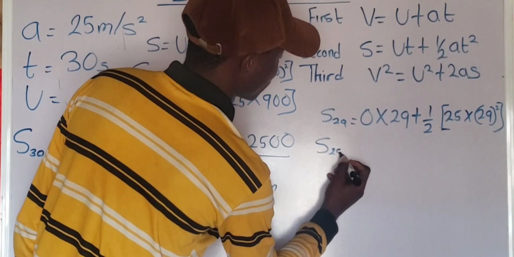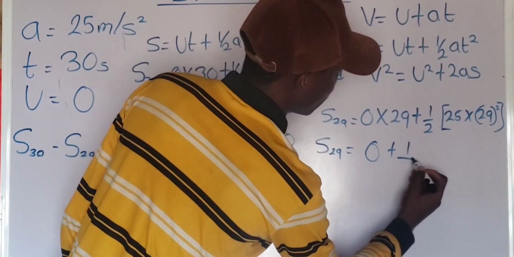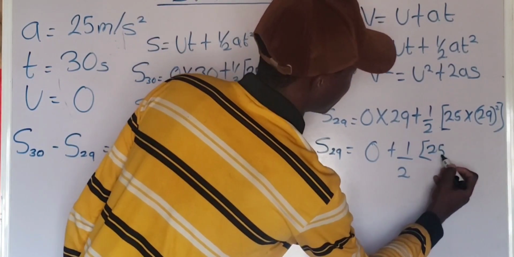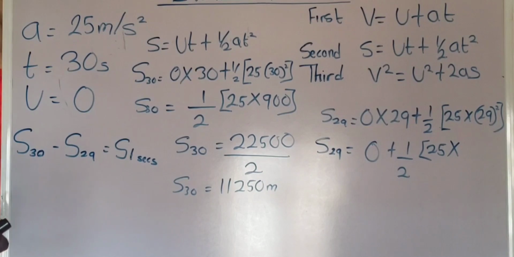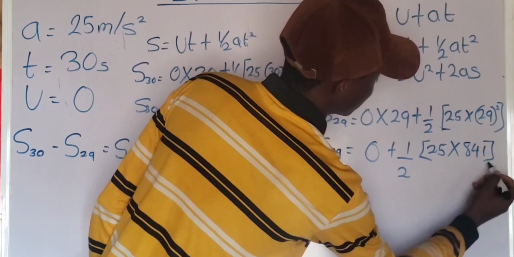The distance that it covers in 29 seconds is equal to 0 times 29, which is 0, plus 1 over 2 times 25 multiplied by 29 squared. 29 squared will give us 841.